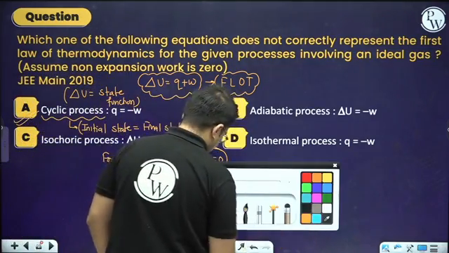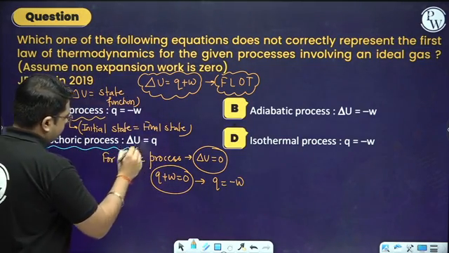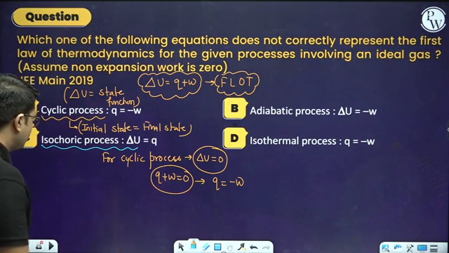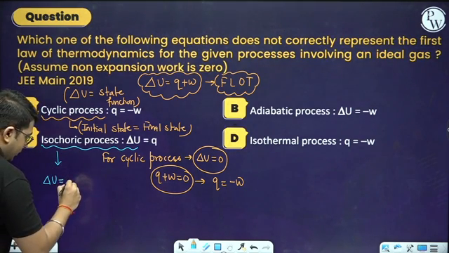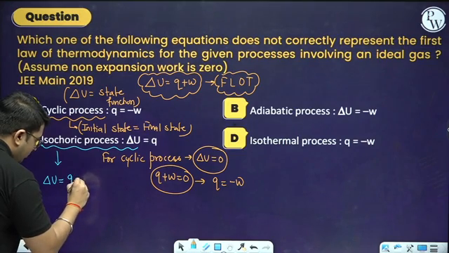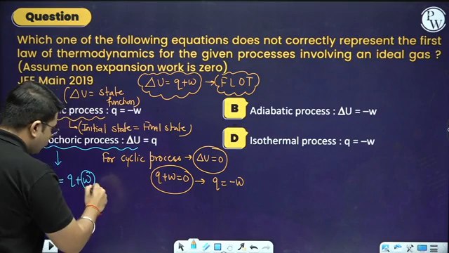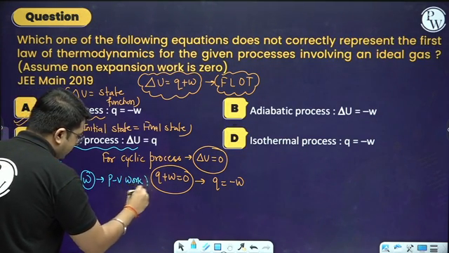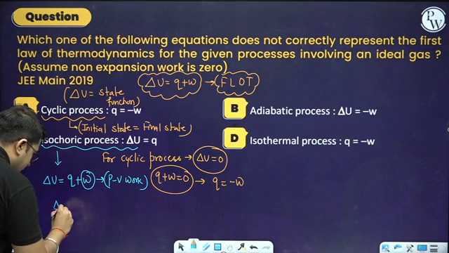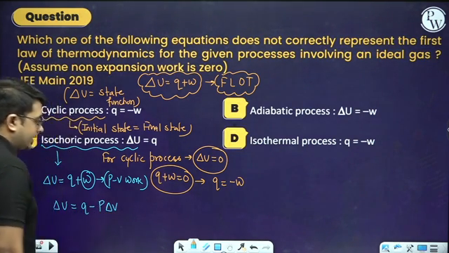Now let's try the next part, the isochoric process. In this case, delta U will be equal to Q plus W. We are talking about an ideal gas, so can I say it's going to be PV work done? So delta U will be equal to Q minus P delta V. Can I write it like this?